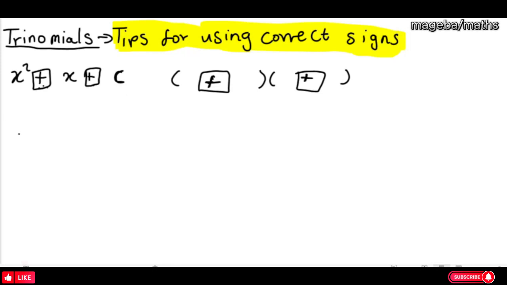Now let's go to the second one, x squared, negative x, and then positive c. Now it's very important here. My middle term is negative and my last term is positive.